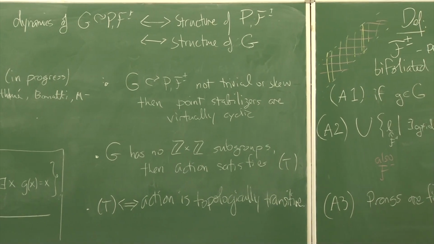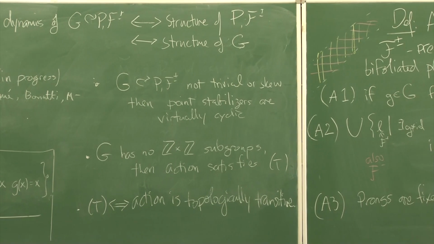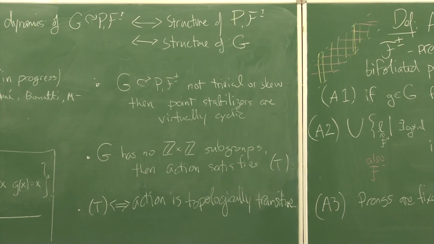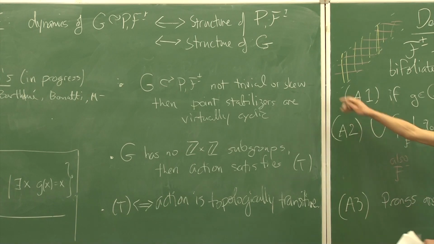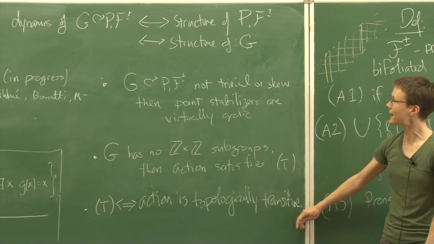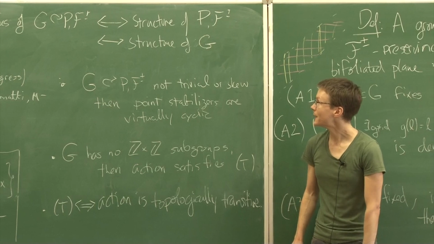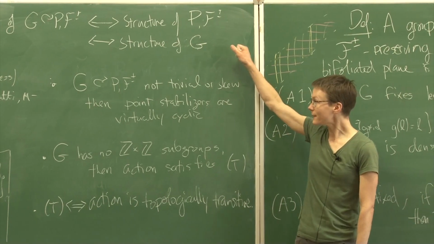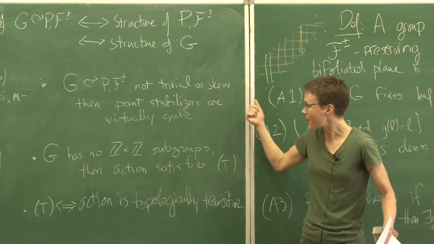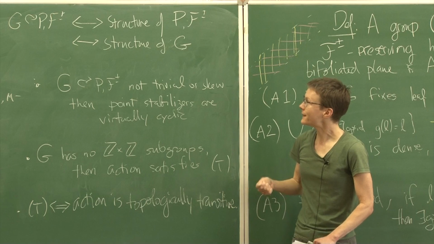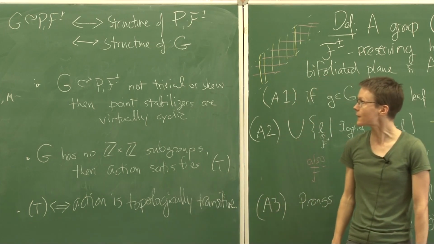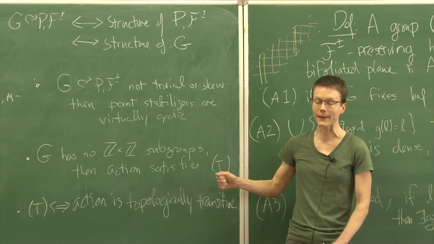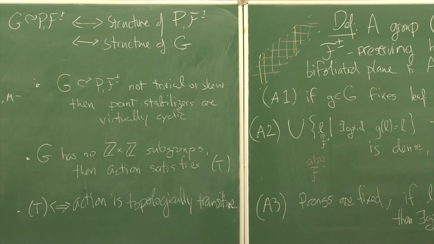So calling this axiom transitivity is not cheating at all. So this is the kind of thing that you can prove, and the hope is that we can do a lot more of this, both recovering things that are known in the special case of actions on bifoliated planes for Anosov flows, but then maybe some new things that are not.